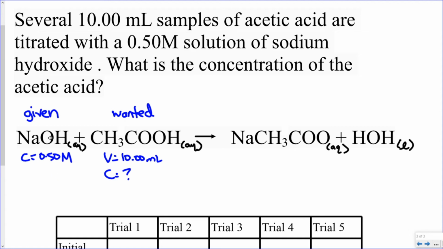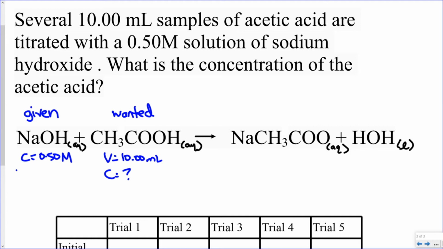So now I told you I actually know the volume of sodium hydroxide. If we do this experiment, we're going to get experimental values for volume. We do more than one trial, so we repeat the experiment a number of times. And the reason for that is because we're humans and we make mistakes. So the more trials we do, we can find an average volume, and we can hopefully have a volume that would be pretty accurate by taking the average.